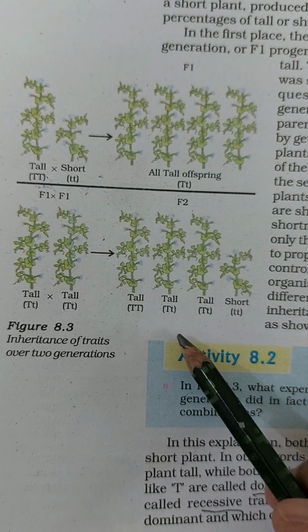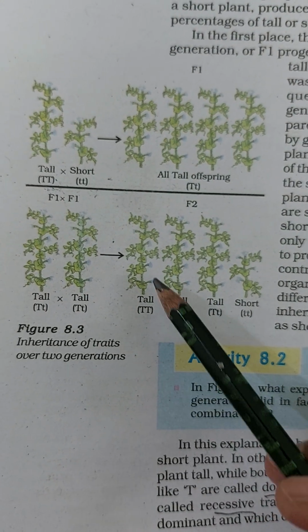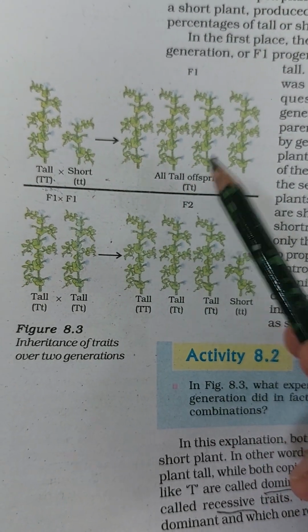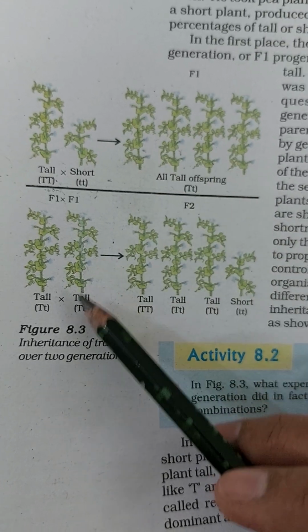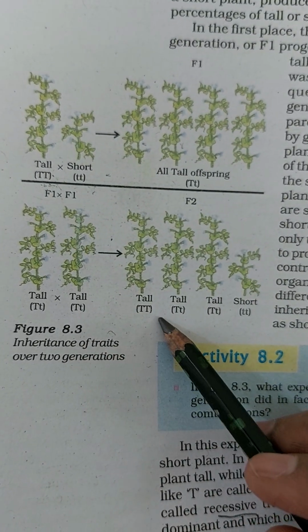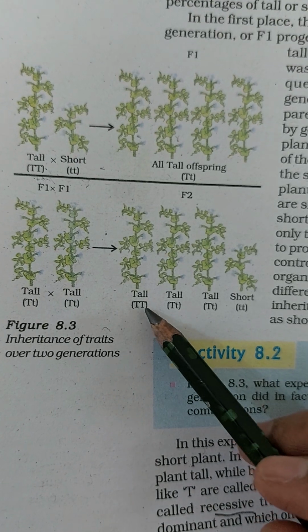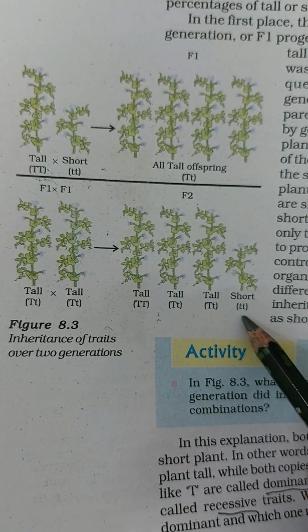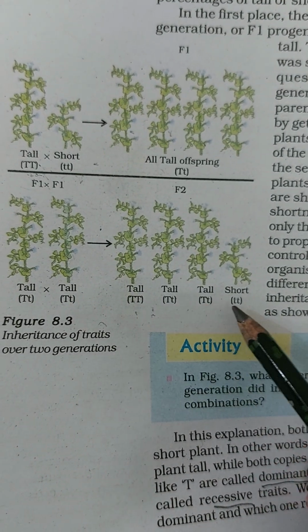Now in the F2 generation, again he took two plants from here and self pollinated them, and as a result he saw that in the F2 generation three plants were tall and one was short. So he calculated the percentage.